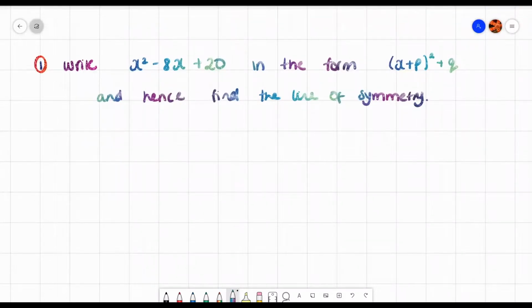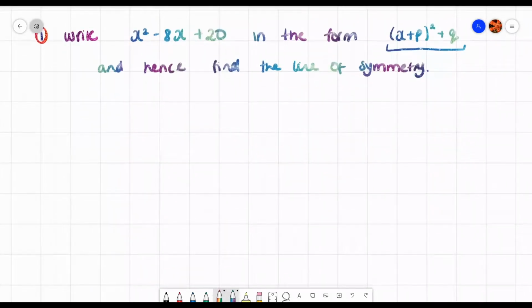Now you can see it says write it in the form x plus p squared plus q. That actually means complete the square. So that's your hint that you've got to complete the square. We've got x squared minus 8x plus 20. So now let's halve the middle number, which is 4, all squared, minus 4 squared plus the number at the end, which is 20.